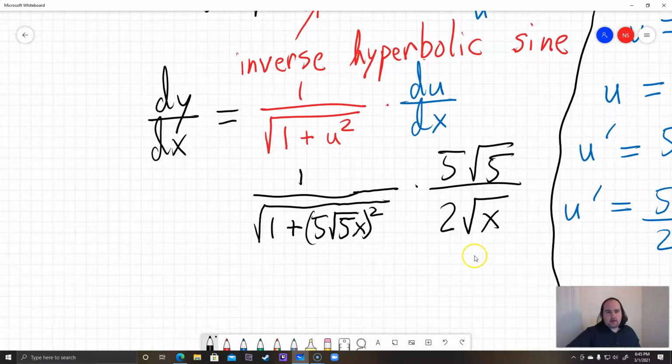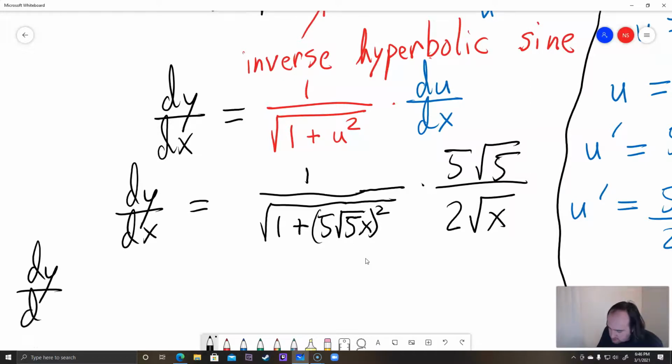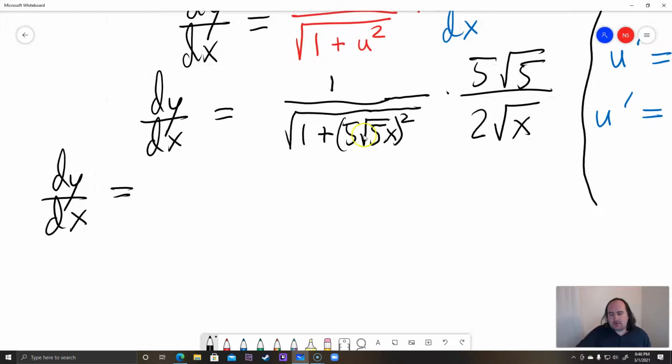All right, and then we can go ahead and simplify our dy dx a little bit here. The only thing that we could really simplify is this radical down there. Unfortunately, they do want you to simplify that a bit. So how do we simplify that? Well, first of all, we want to square it.